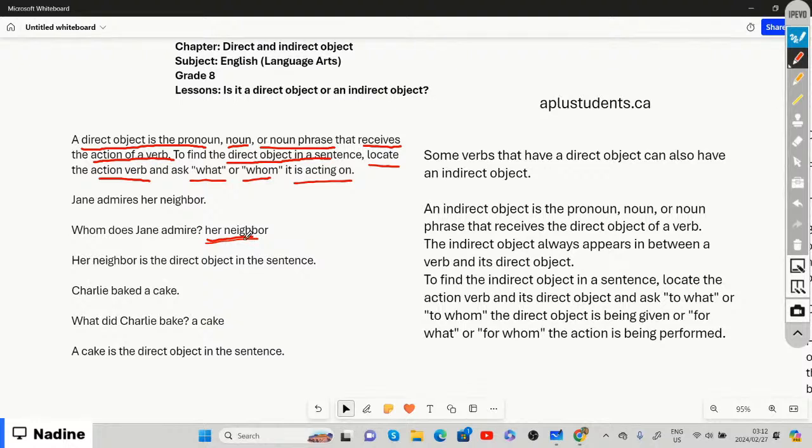All right. And some verbs that have a direct object can also have an indirect object. So some verbs have a direct as well as an indirect object. An indirect object is the pronoun, noun, or noun phrase that receives the direct object of the verb.